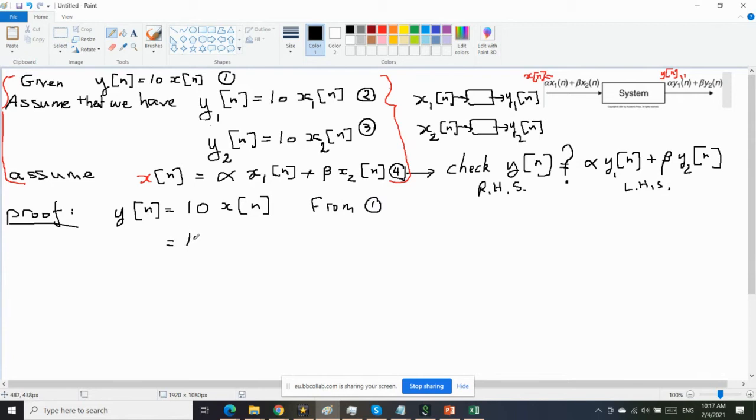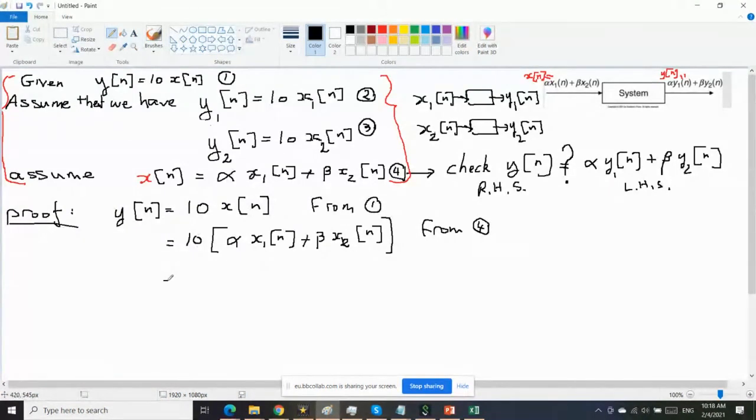Then it is equal to 10 times x[n], which I can write as alpha x1[n] plus beta x2[n], from equation 4.